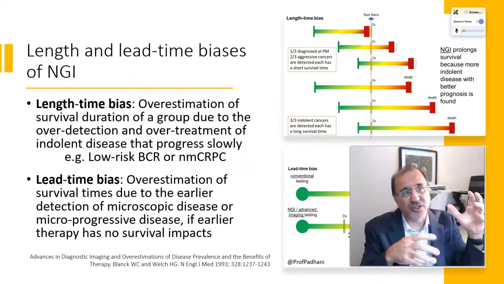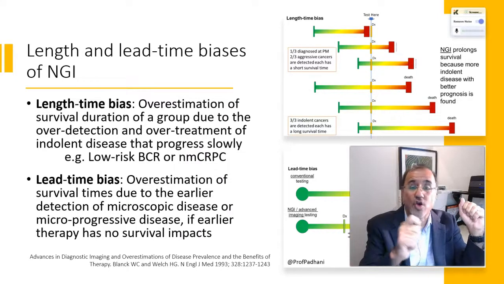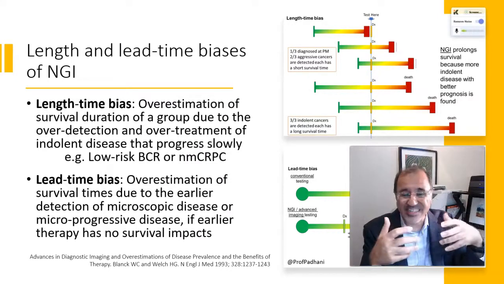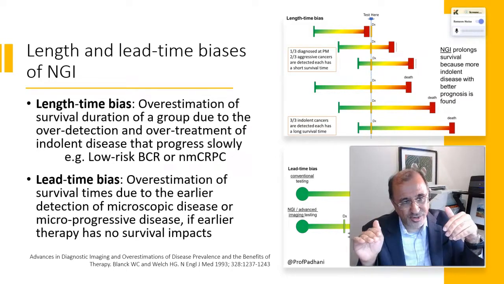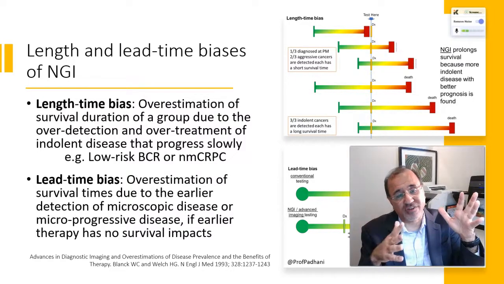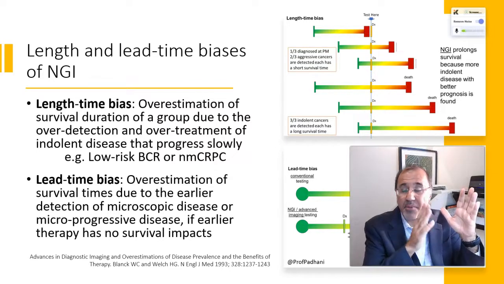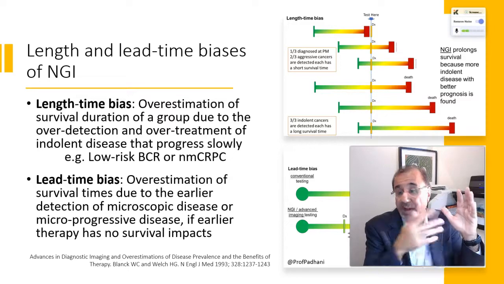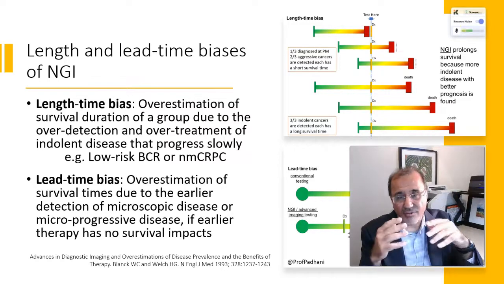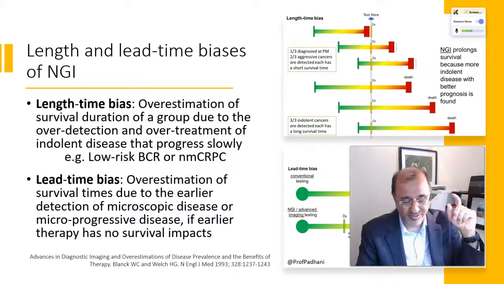The overestimation of survival duration due to the over detection and the over treatment of indolent disease that's going to progress very slowly leads to something called length time bias. Lead time bias is the overestimation of survival duration due to the earlier detection of microscopic disease or microprogressive disease if an earlier therapy causes no survival impacts.